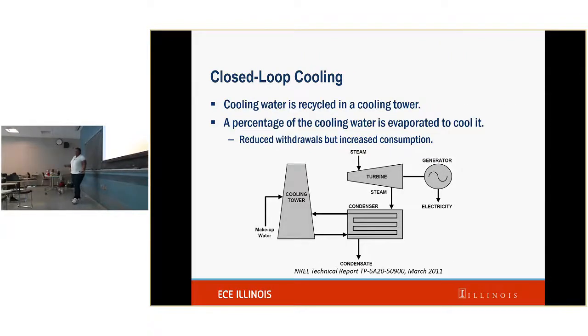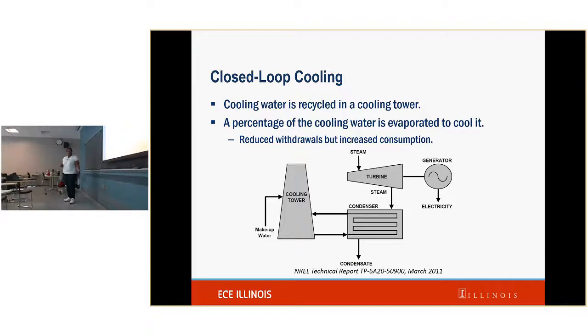Then there's closed loop cooling. This was intended to withdraw less water. What happens is instead of just having a river or pond, you'll have a cooling tower. So this cooling tower will recycle the water it uses. So again, the steam comes into the condenser. The cooling tower will cool the water, again, same as before. But with the cooling tower, what happens is in order to cool the water down for the next condensation cycle, you'll allow some of the water to evaporate.